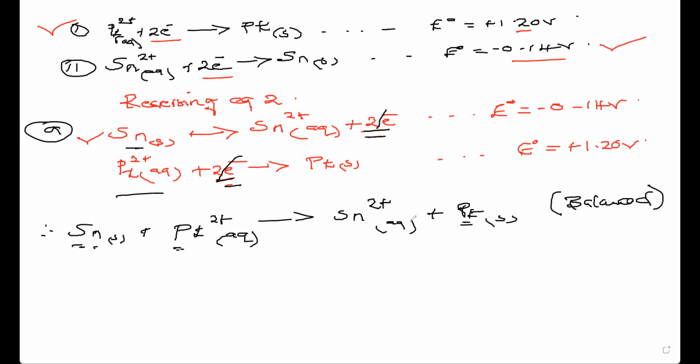Also, for the products, the overall charge is positive 2. Hence, the reaction is balanced. Is that okay? Yes. Now, imagine, for example, if here we only had 1 electron added, and here we have 2 electrons added. How would you have balanced it? Do you have an idea how?